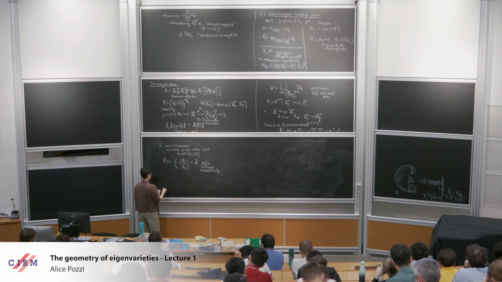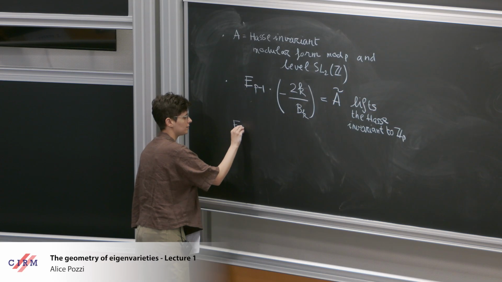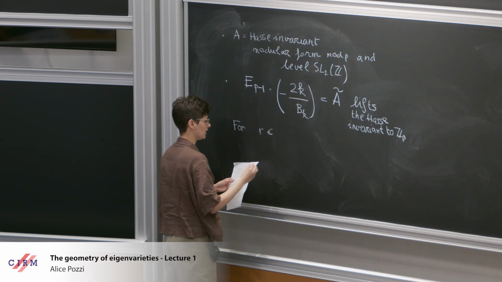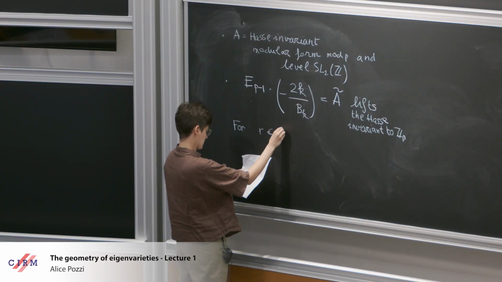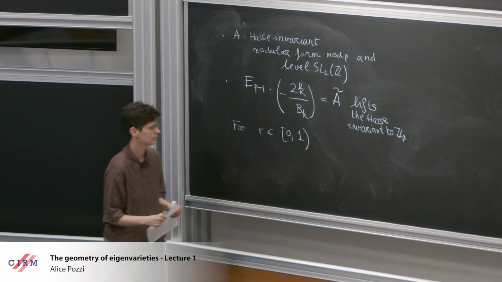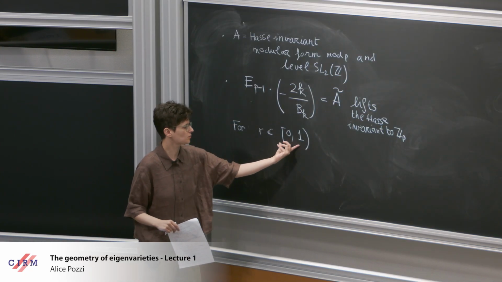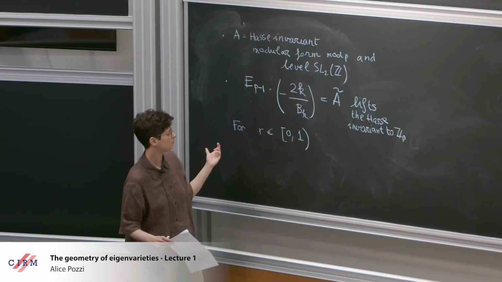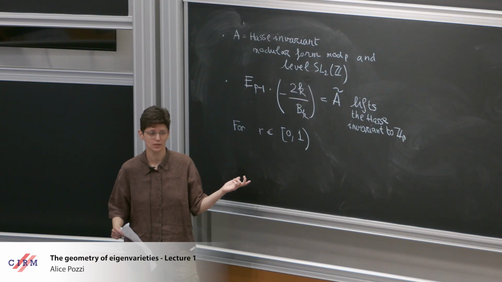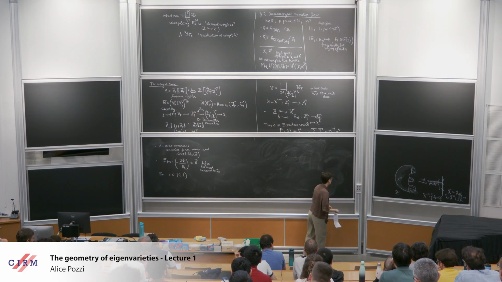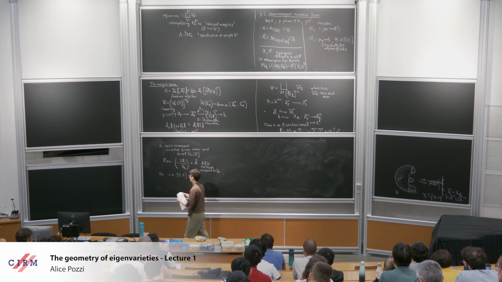Okay, and now, here is the point. I'm going to take a slope, call it r, a value between 0 and 1. This range is chosen so that 1 is the p-adic valuation of p. This picture involving the Hesse invariant makes sense mod p.